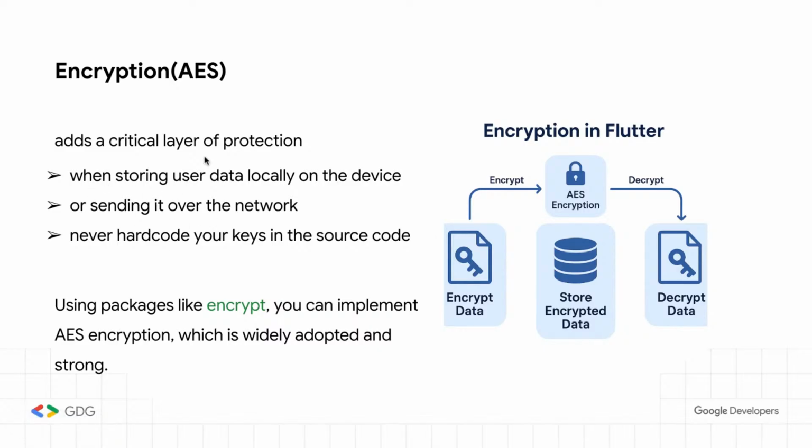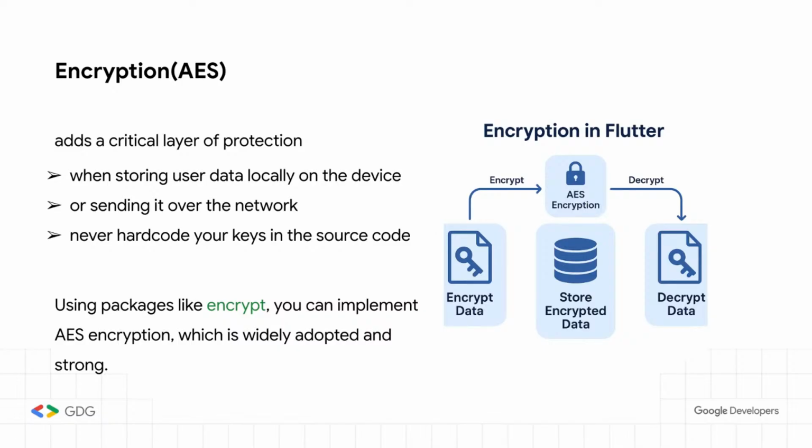So let's say I'm storing the data in the device, which is my password, or sending it over the network. Then you cannot send the data just as it is. Even in my APIs, when the user is logging in, there is a user ID and a password, right? This is a post method, because I'm having my user credentials.